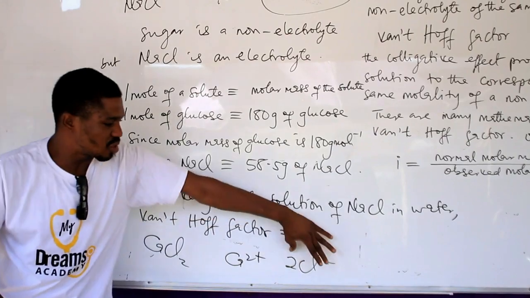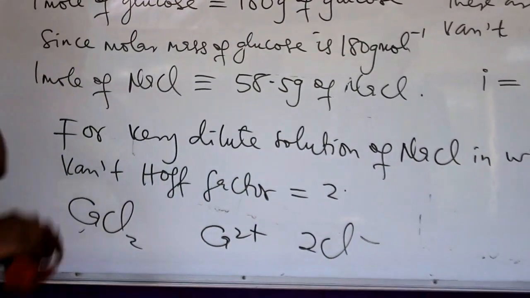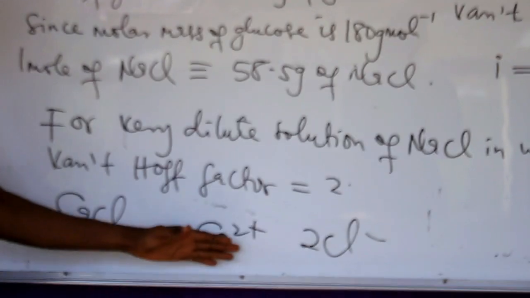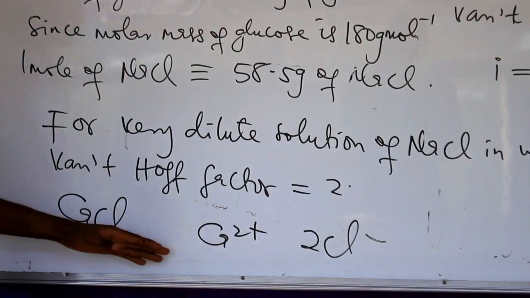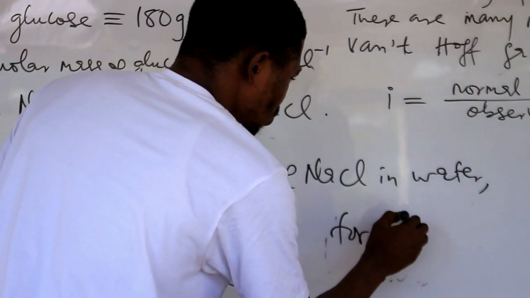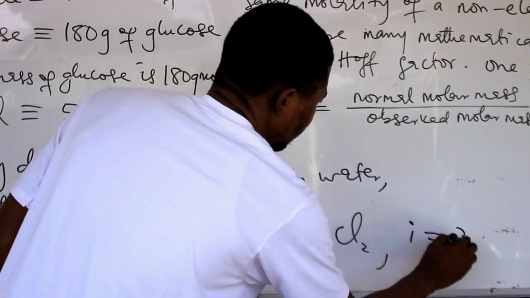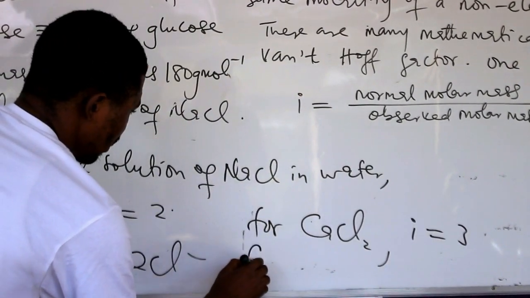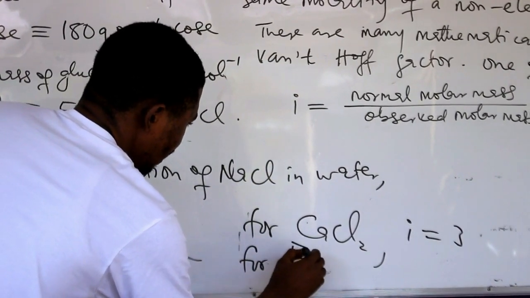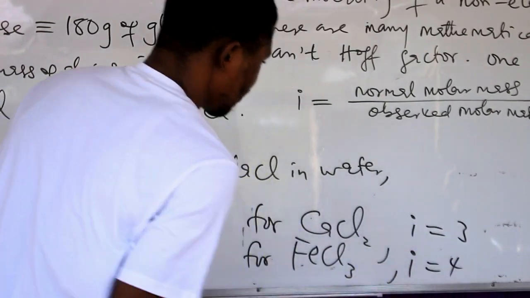So 2 chloride ions are completely separated, 1 calcium ion is completely separated. So the total number of ions here is 3. So the Van't Hoff factor for calcium chloride, for this one, i is 3.